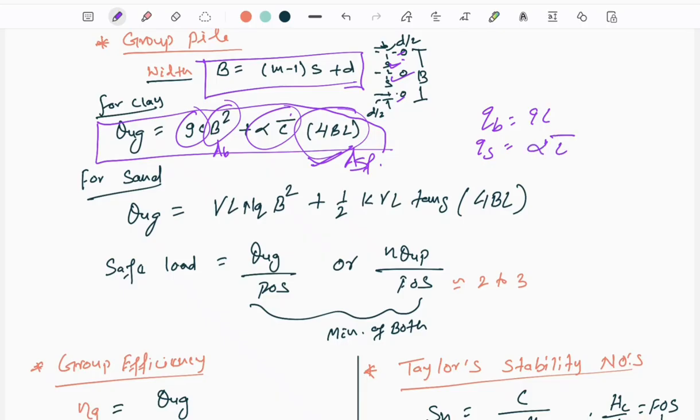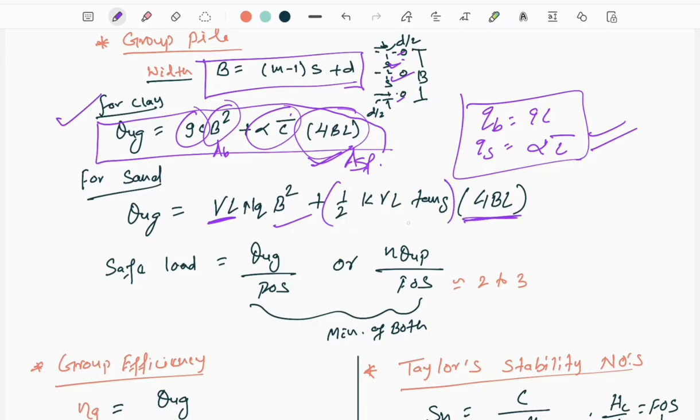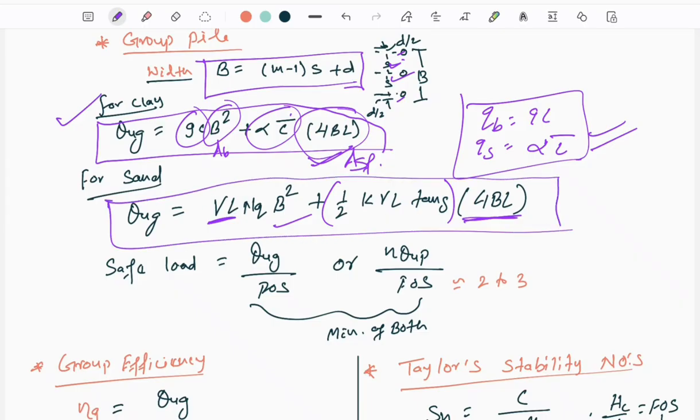C bar is the cohesion, alpha is the adhesion factor. All these terms are as already discussed. This is for clay, and for sand, this QUG is equal to again sigma, that is gamma L into NQ B square plus 1 by 2 K gamma L into tan delta, and this is the area. So this formula is used for sand. Already I have discussed it in the upper portion.